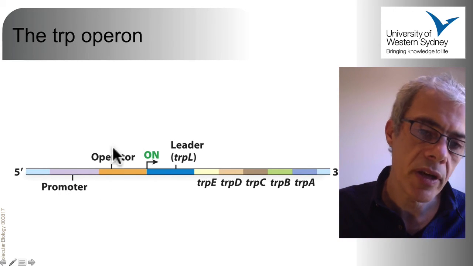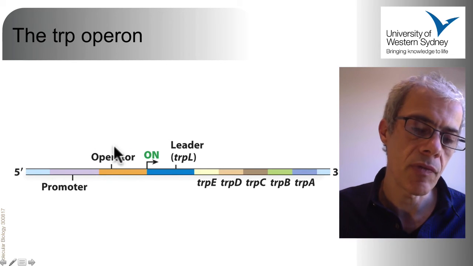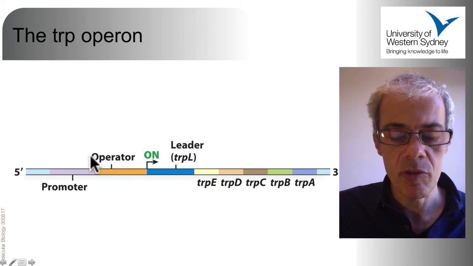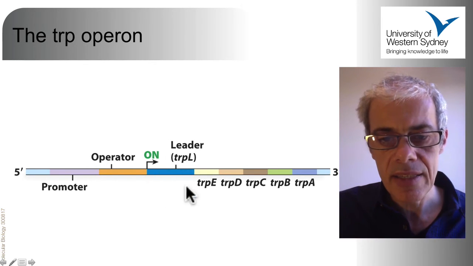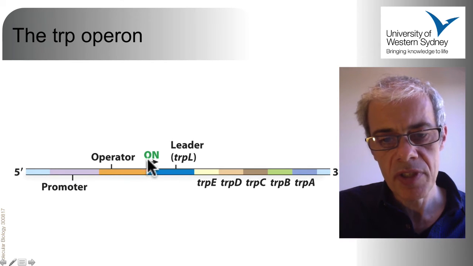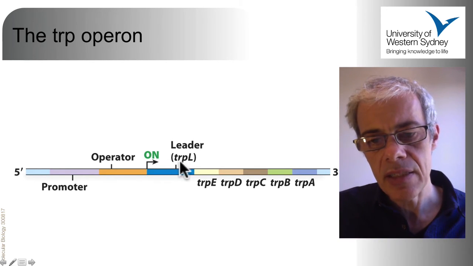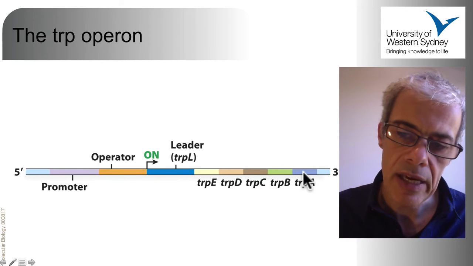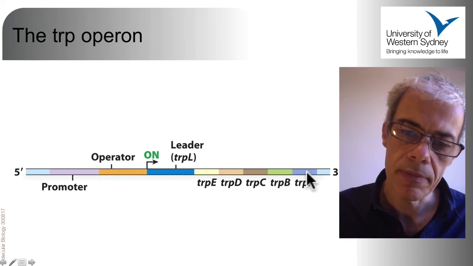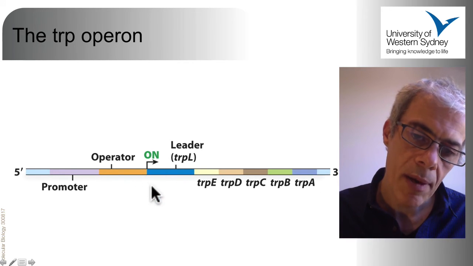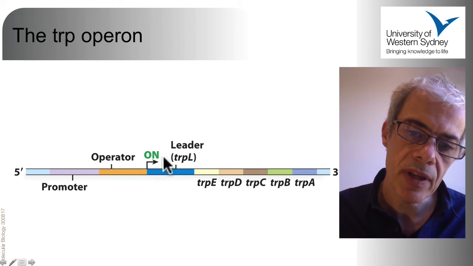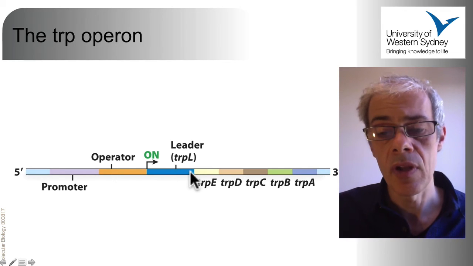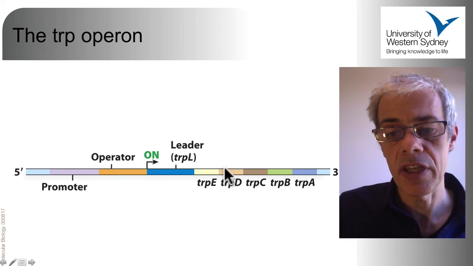So this is what we understand from different biosynthetic operons. What's different in the amino acid operons, like the tryptophan operon, is what's called a leader sequence. So transcription starts around here, and then there's a leader sequence before all of these structural genes that make the enzymes required to make tryptophan. And it's what happens during the transcription of the leader into a messenger RNA that can attenuate and stop the transcription of these genes.